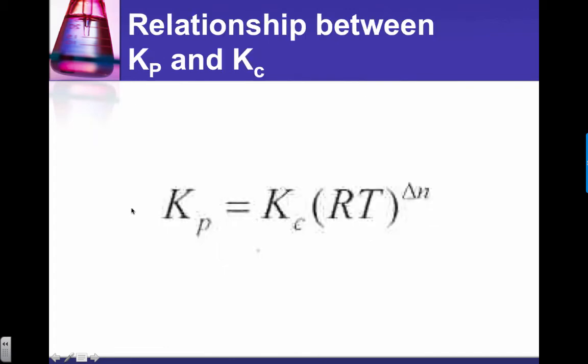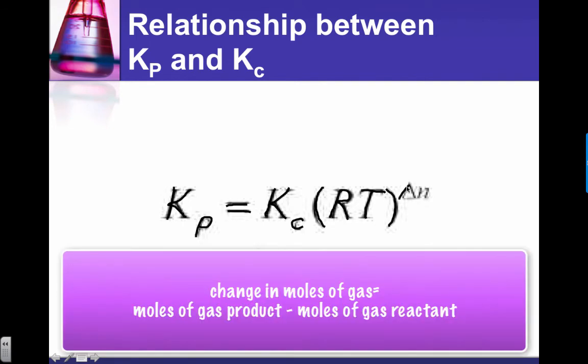Here's one other important thing. The Kp can be converted into a Kc, but we have to use the relationship from the ideal gas law. We'll take our equilibrium for molar concentration times R, the gas constant, times temperature in kelvins, raised to the power of your change in the number of moles of gas.